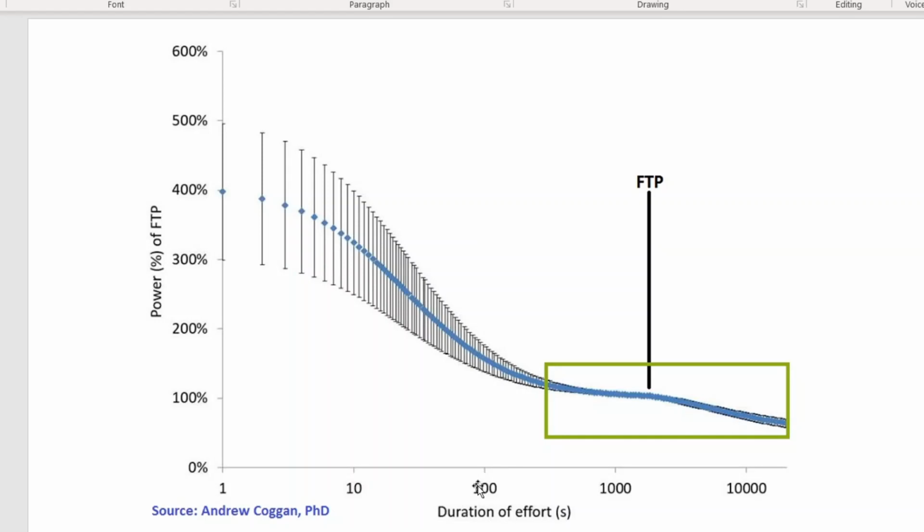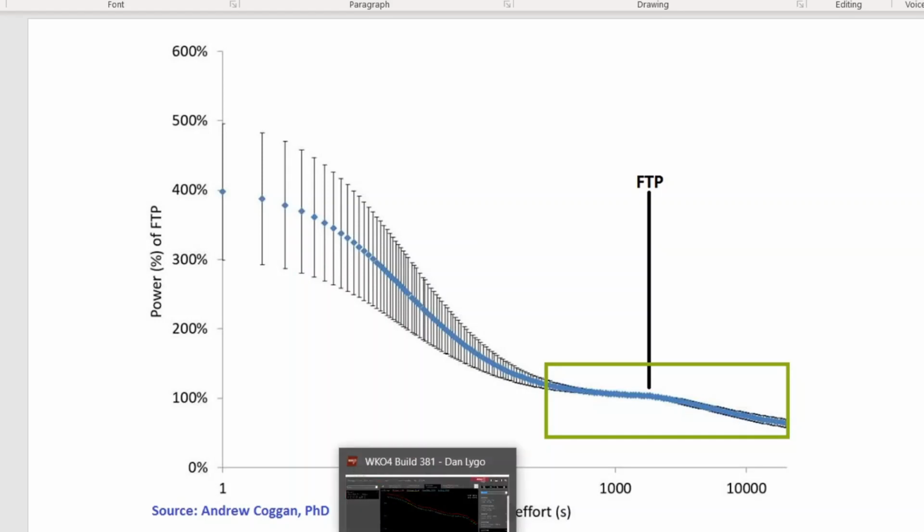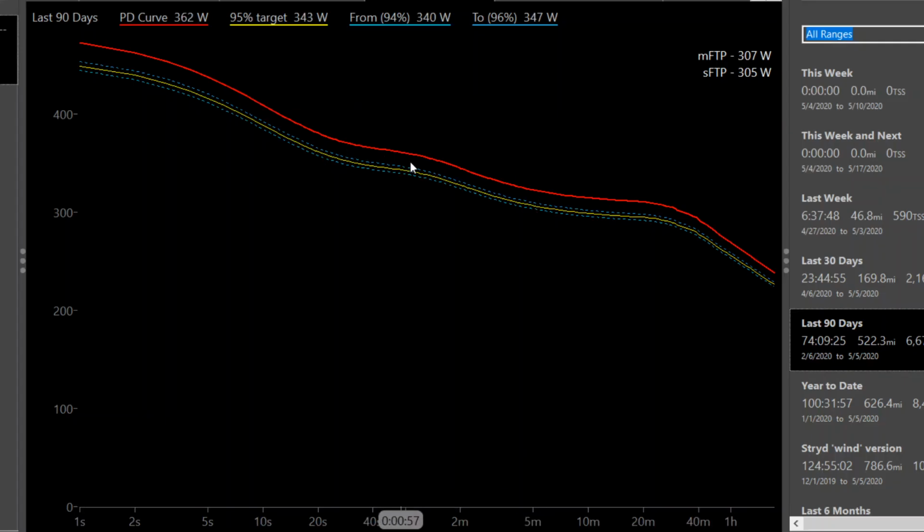So with that chart, let me come back. And so again, we're going to use the model, your power duration model curve in Stryd Powercenter. And what you're going to look for is 95% of that power for a particular duration. So let's say we're doing 5-minute intervals.